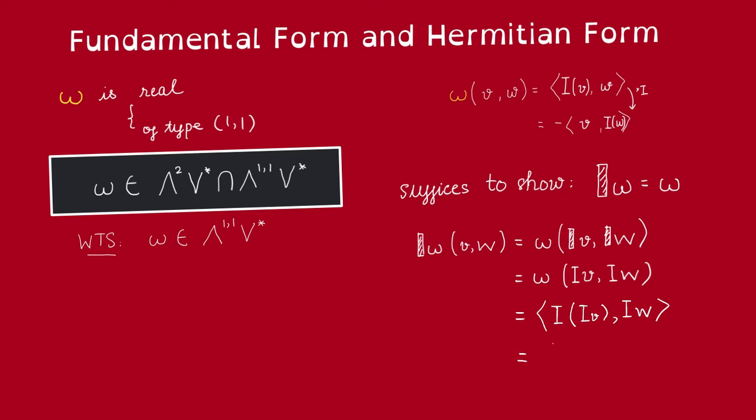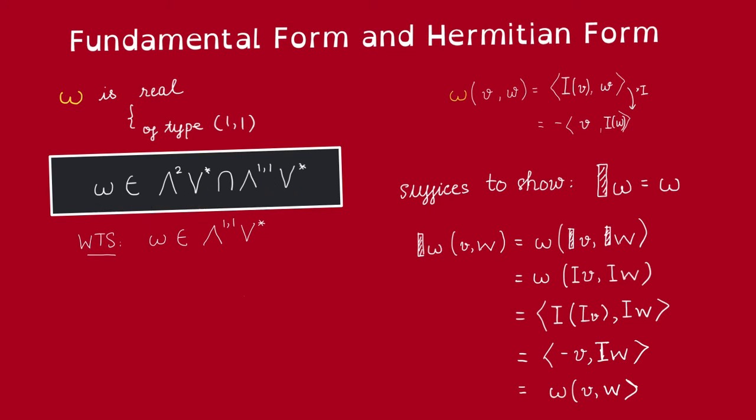Now since I squared is minus identity, this is just the scalar product of minus V with IW. And we have established that that's just omega of V with W. So indeed, I of omega is just omega. This then implies that omega is of type 1,1. And thus we have established that omega must lie in this intersection.